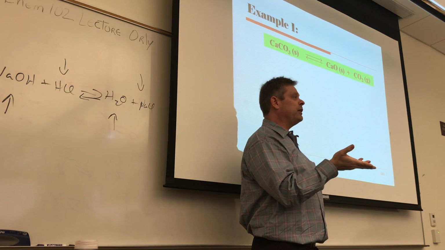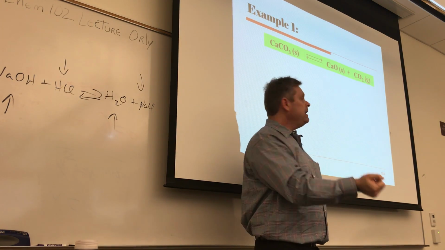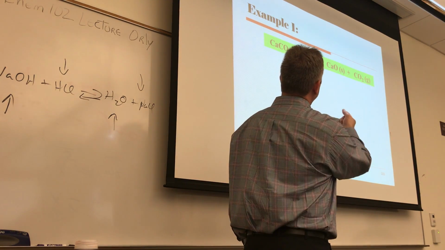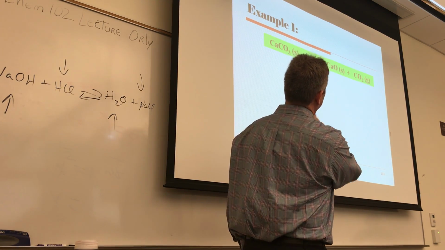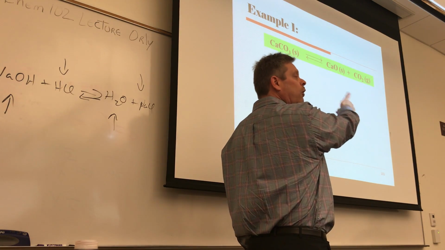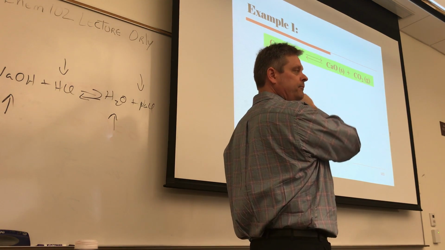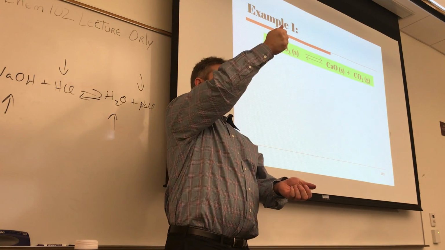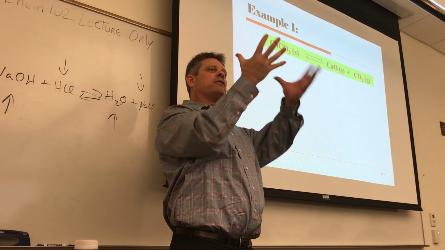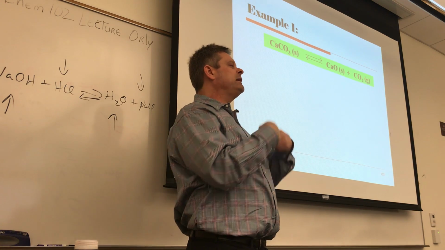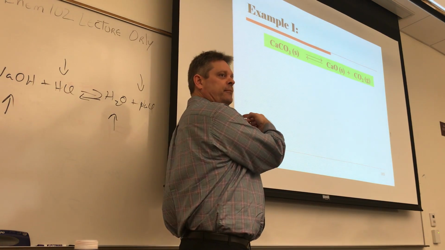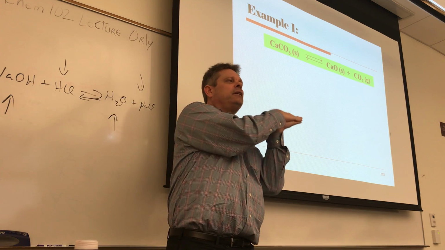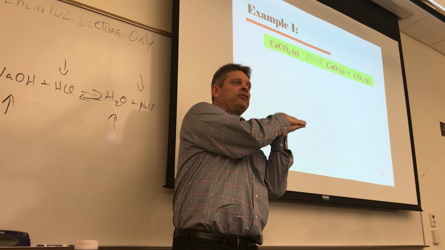I can apply stress as pressure by taking away or adding it. If I take away pressure, what happens to the equilibrium? Will it shift towards the one that has the gas or away from it? If I take away pressure, so I increase the volume with the piston, I now have a greater volume, which means I've now decreased the pressure of the system. Which way will this adjust? Towards the thing that has the gas, or away from it?